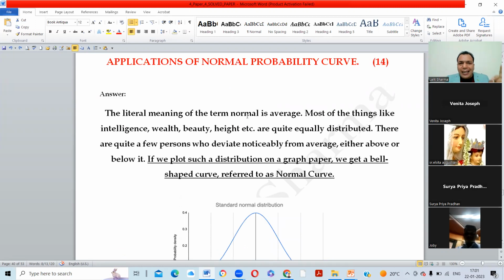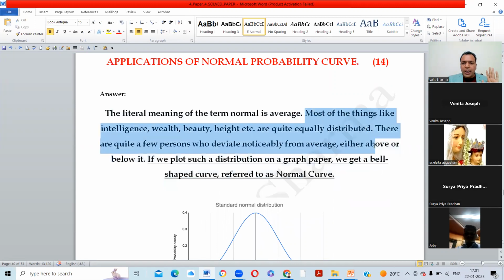So guys, in a very literal manner, the literal meaning of normal is average. Most of the things like intelligence, wealth, beauty, weight, height are quite equally distributed, right? Even when you talk about the wealth, paisa, it is equally distributed.